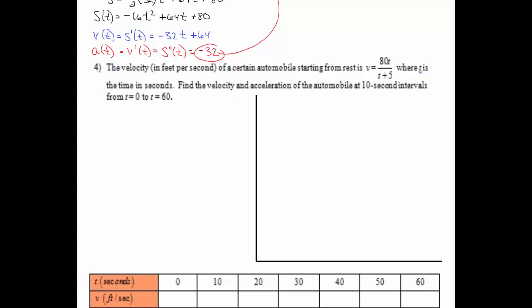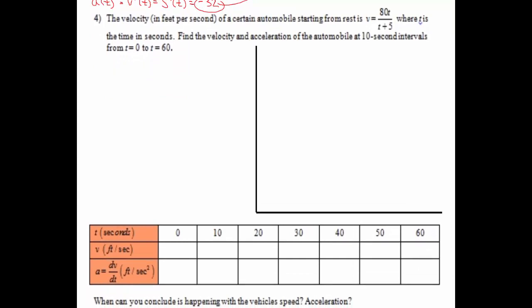In order to find the velocity, all we have to do is plug in. So v of 0 would be 80 times 0 over 0 plus 5, which is 0 over 5, which is 0. So in our table, when time is 0, velocity is 0.